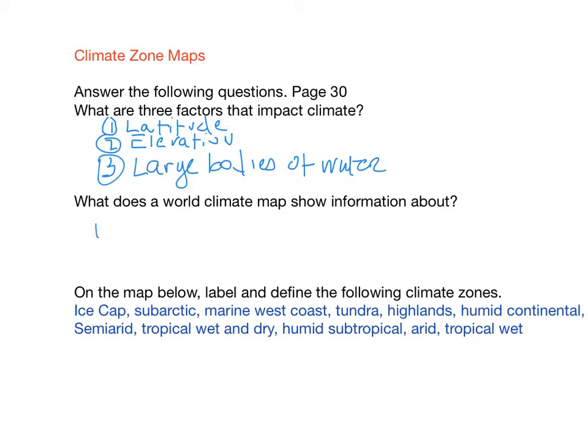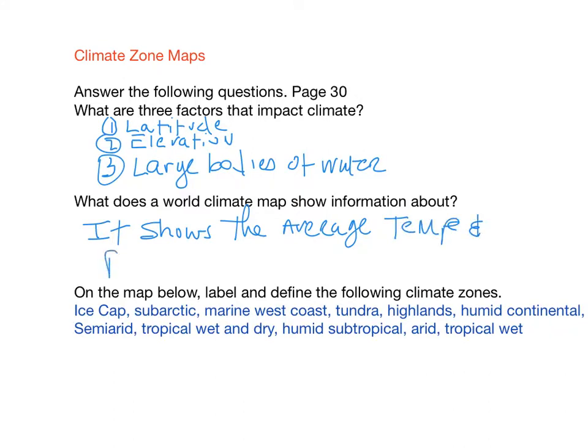It shows the average temp and precipitation. Now I'm going to write in here, precipitation literally means rain. So think about when you're going out to school every morning, what 2 things do you want to know? What is the temperature going to be like, and is it going to rain? Do I need to wear a jacket, and do I need my umbrella?